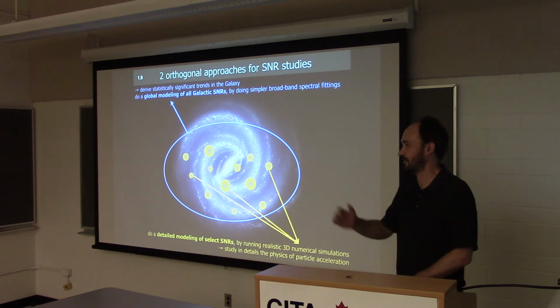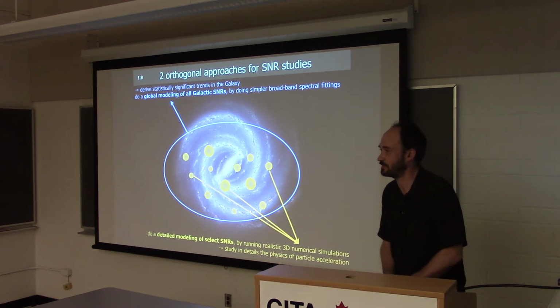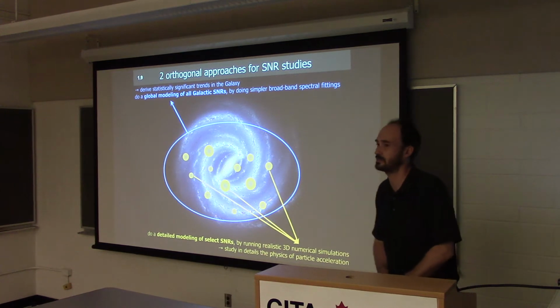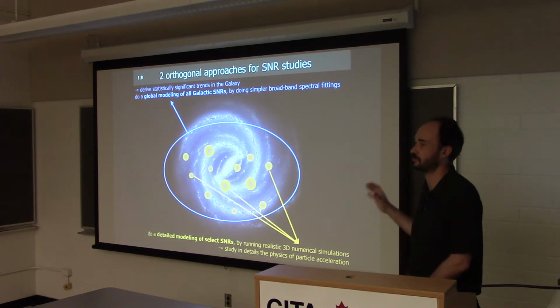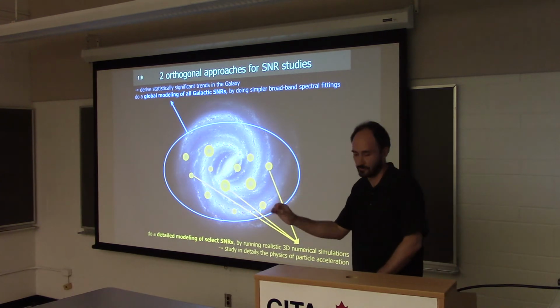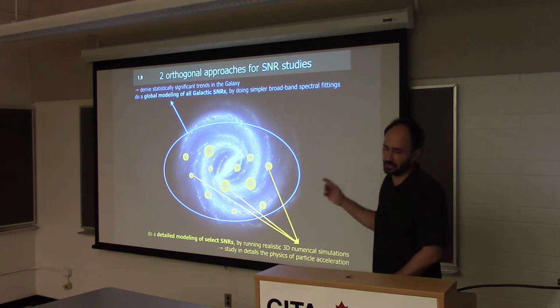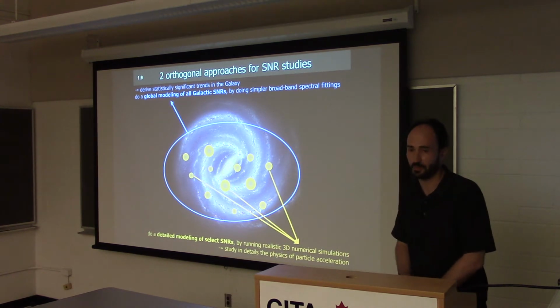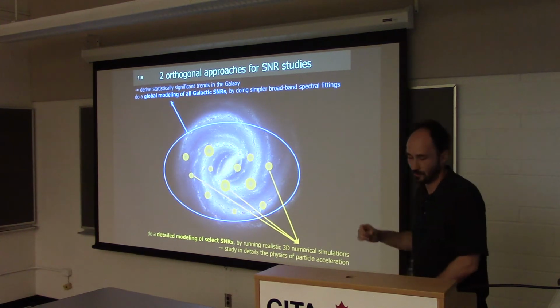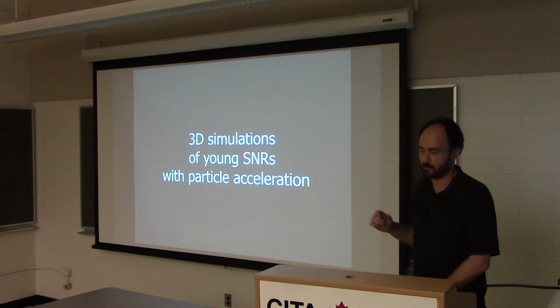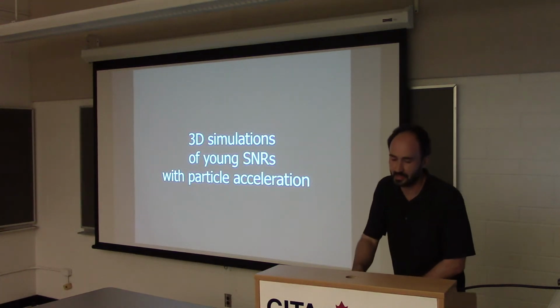That's the kind of thing you have been doing, Jennifer, with bilateral remnants, to see how their shape correlates with the galactic magnetic fields on average, even though for a single specific one you may not be conclusive. And then for the ones that are really well observed, we can do more detailed modeling. Now I'm going to show you how we can do this.